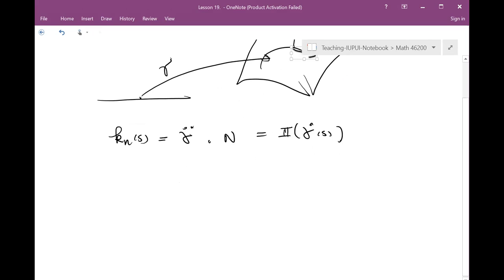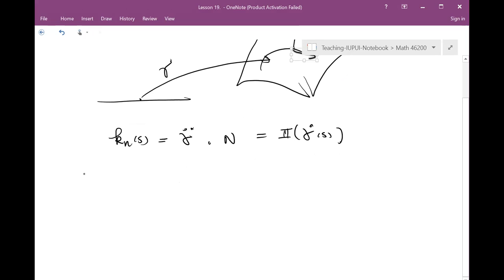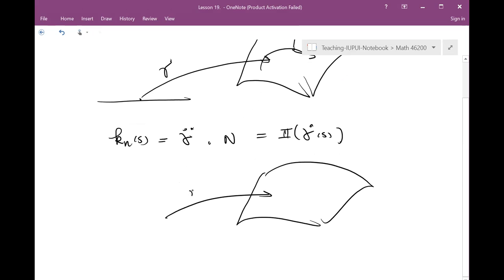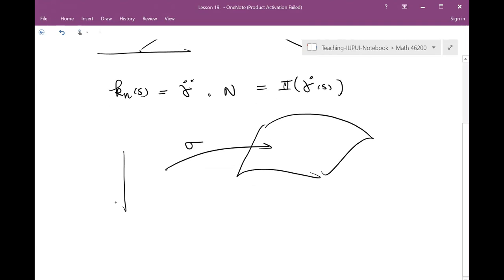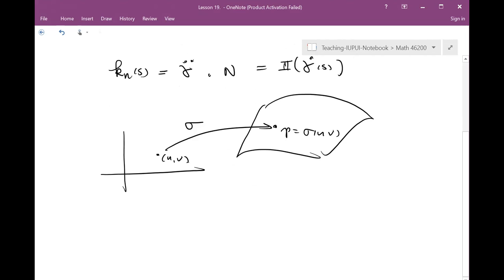By definition, when you expand, let's go back to this. This is a surface, we call it a surface patch. So here's a point in the uv-plane, and this is the point sigma of u, v. So how do we get the second fundamental form?